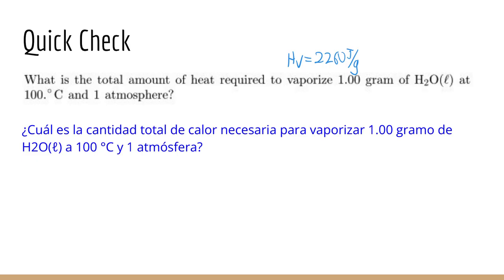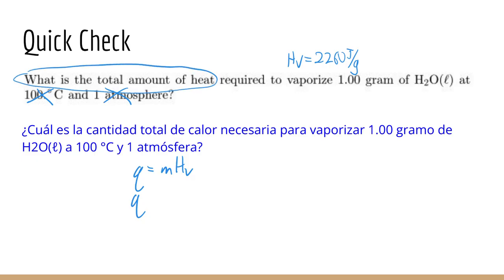So the first thing to be aware of is that this 100 degrees Celsius and this 1 atmosphere is not relevant to the question being asked. All we need is the mass and the heat of vaporization. Our equation is Q is equal to mHV. We're solving for Q because it's asking what the total amount of heat is. We have 1.00 grams, that's our mass.